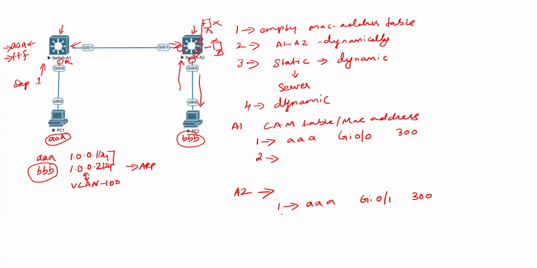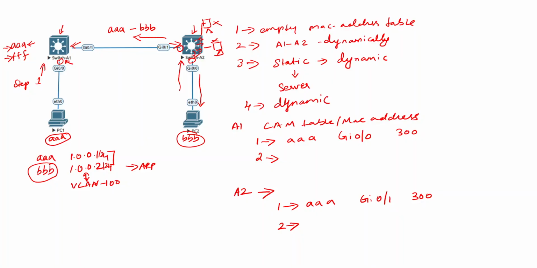Now switch 2 will check whether it has an entry for the destination MAC. Yes, it has the entry in the MAC address table, so it will forward the frame directly out of this interface, right? Now it knows the traffic is being forwarded to AAA, and it has an entry in its CAM or MAC address table.